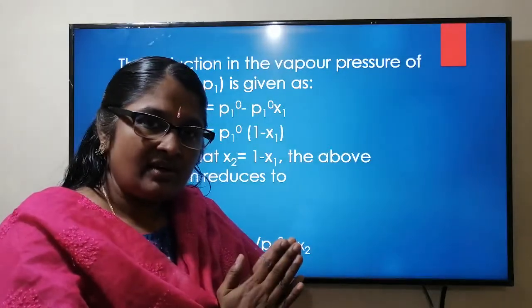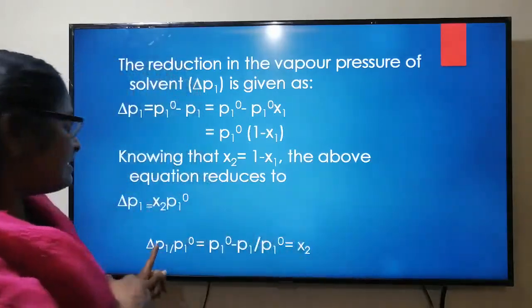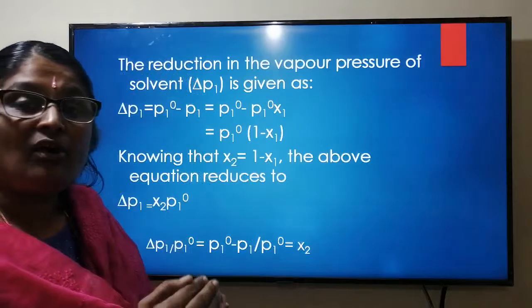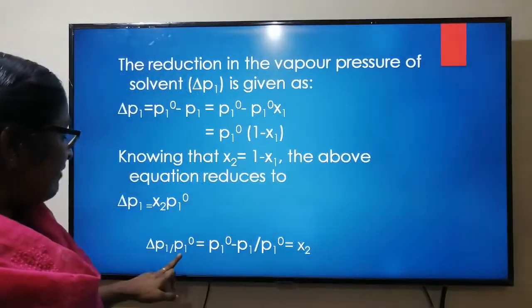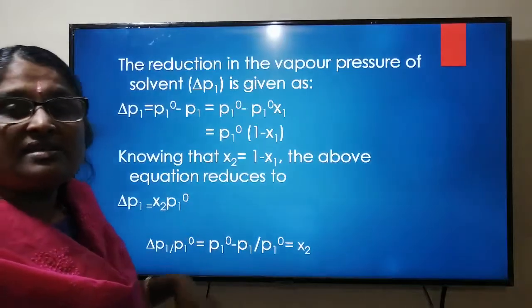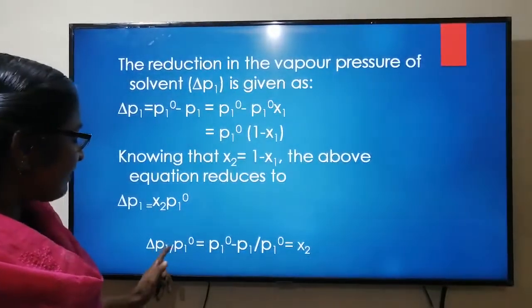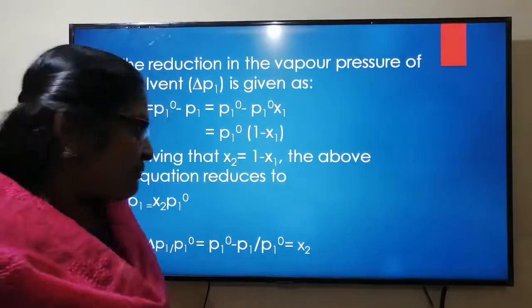Initially it was P1°, then it became P1, so P1° minus P1 is delta P1. The lowering of vapor pressure divided by the initial pressure P1°, relating it to the initial pressure, is known as the relative lowering of vapor pressure.